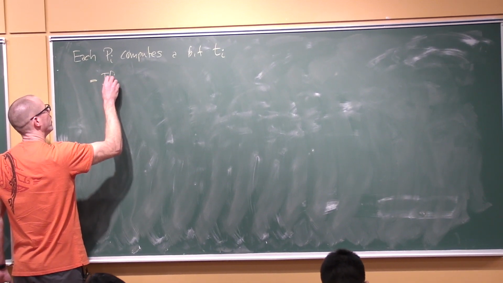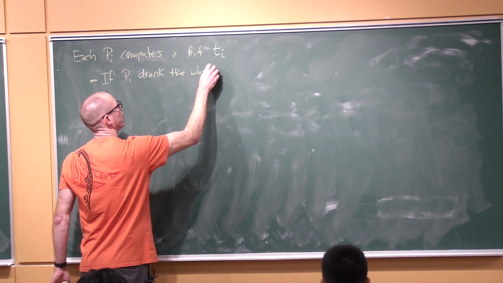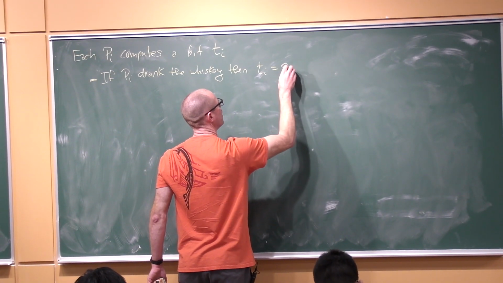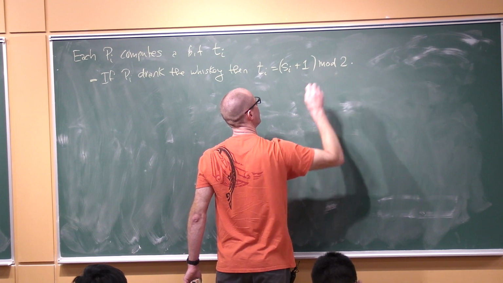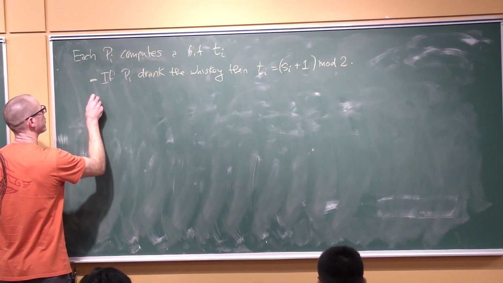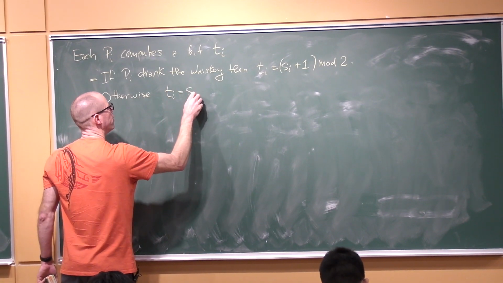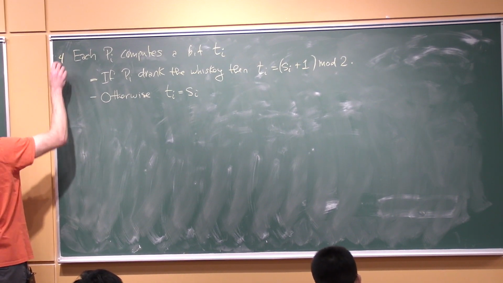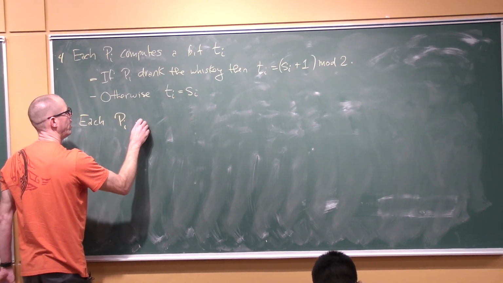So, if Pi drank the whiskey, then Ti is equal to Si plus 1 mod 2. Otherwise, Pi didn't drink the whiskey, Ti is equal to Si. Okay? Step 5. Each person announces this bit.